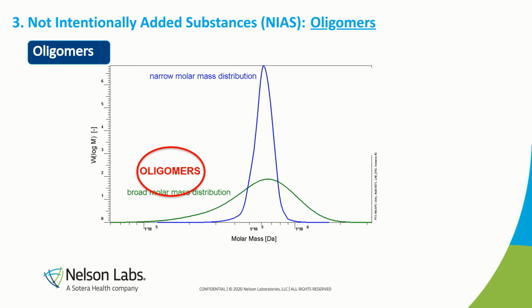You can see that the distribution is much more narrow with the newer catalysts. And the oligomers are at the left-hand side of that graph. So they are the low molecular weight polymers or compounds that forgot to polymerize completely.